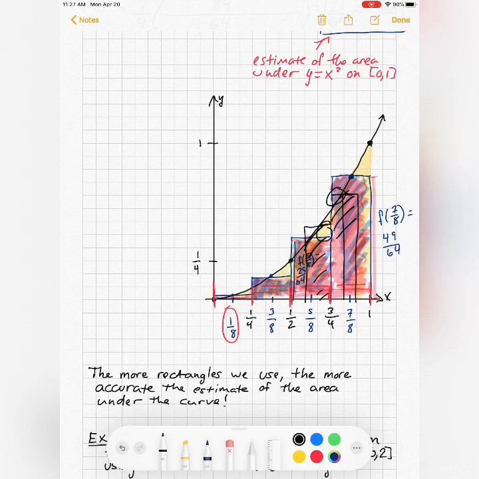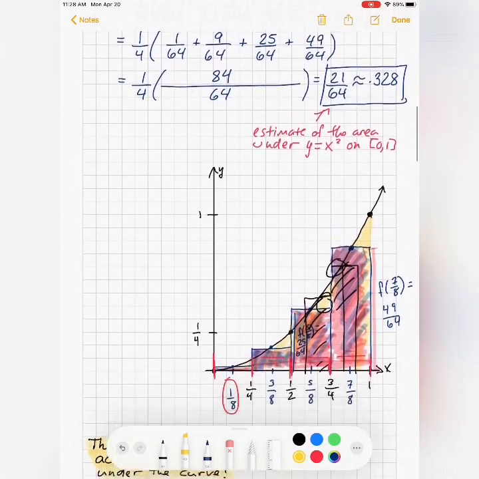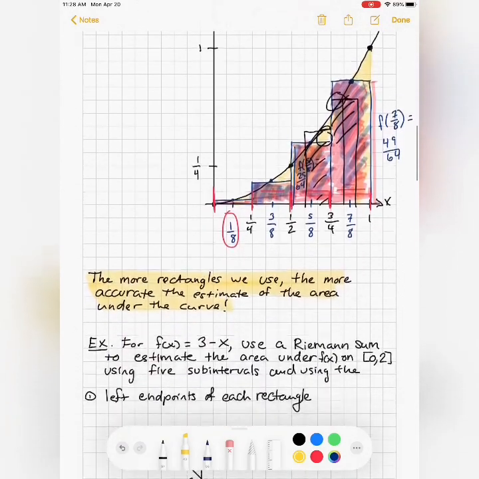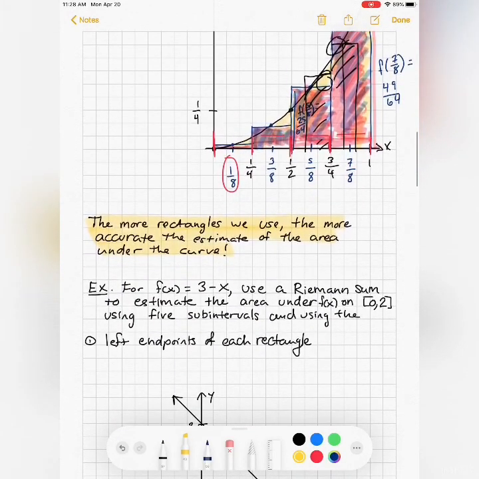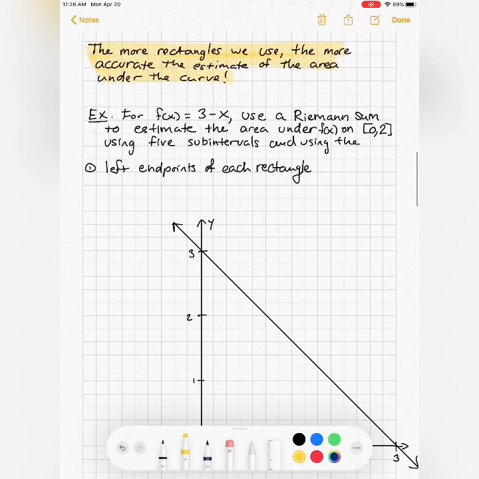So the more rectangles I use, the more accurate the estimate I get for the area under the curve. Because I only used 4 rectangles in this case, my estimate's probably just okay. But the more rectangles you use, the more tedious this process becomes of finding the Riemann sum.